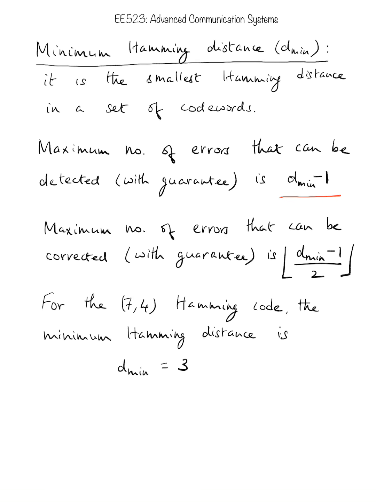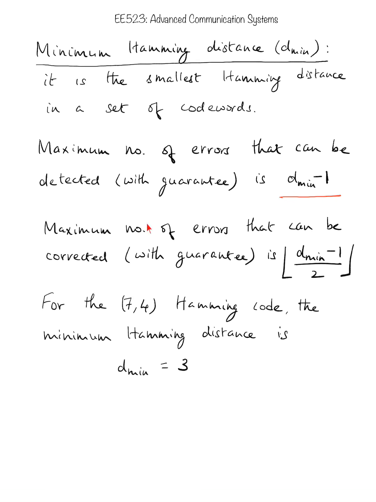So if the minimum Hamming distance is 3, that means what is the maximum number of errors that can be detected? It is 3 minus 1. That means maximum 2 errors out of the 7 bits in a code word. Up to 2 errors, if there are up to 2 errors in the code word, the coding scheme will be able to detect it. If there are more than 2 errors, then it will not be able to detect it.